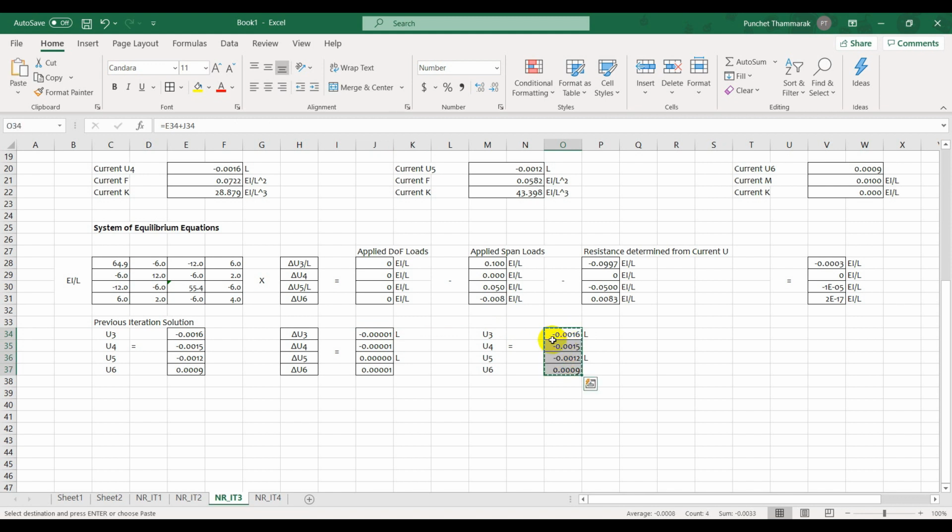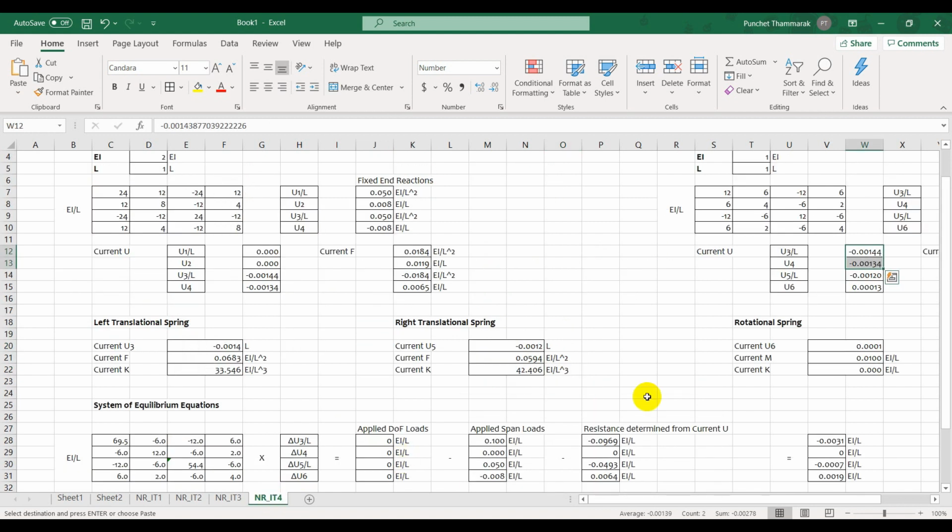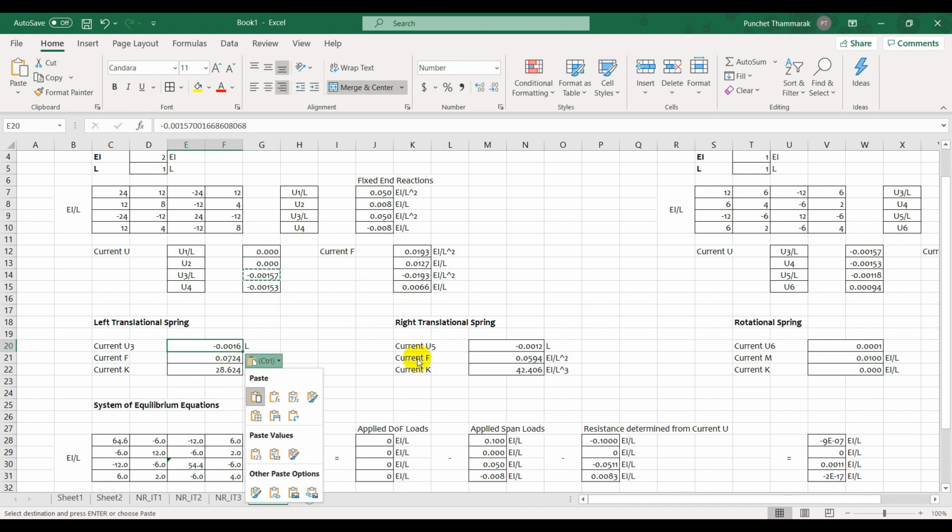And then I get this and I paste there. Okay, and 0.157 comes to here, 0.118 comes to here, and 0.094 comes to here.